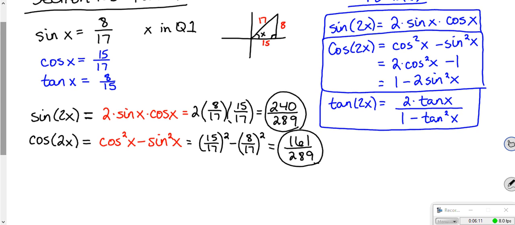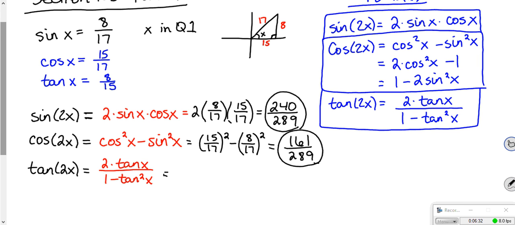Okay, next one is tangent 2x. Again, the formula tells us we have 2 times tan x over 1 minus tan squared x.